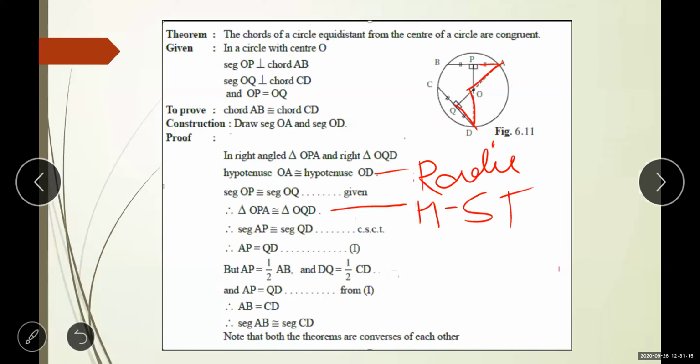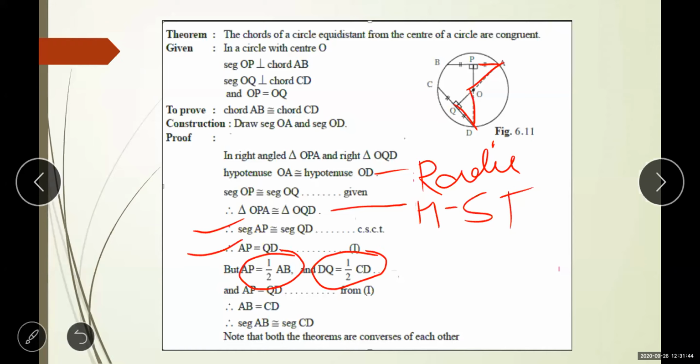CSCT, corresponding sides of congruent triangles. Now, AP segments are congruent, so their lengths are equal. Now, AP is what exactly? AP is a half of AB. At the same time, QD is a half of CD.